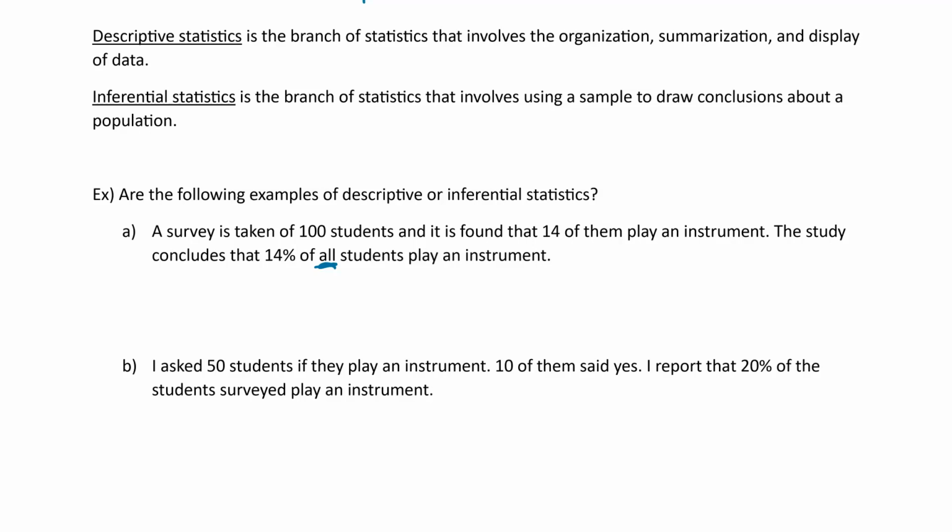We only actually asked 100 students, but we're then concluding something about all students. So we're taking something from the sample and concluding something about the population. So in this case, it's inferential statistics.